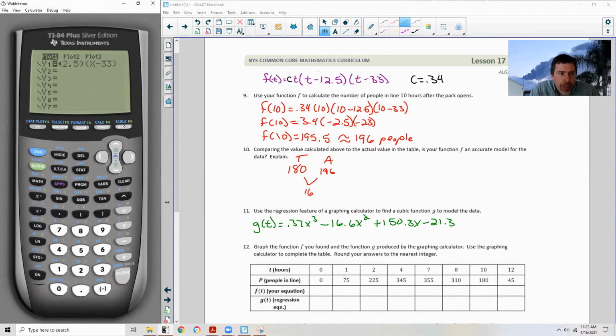Okay, and I'm going to graph that. So there is the graph of f of t.